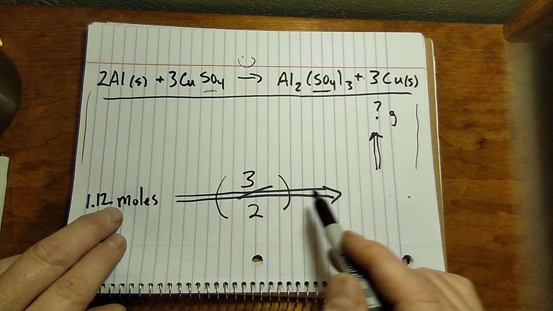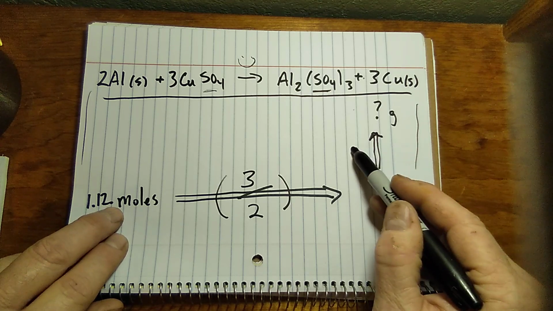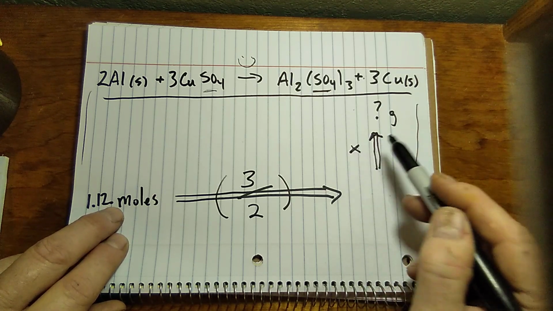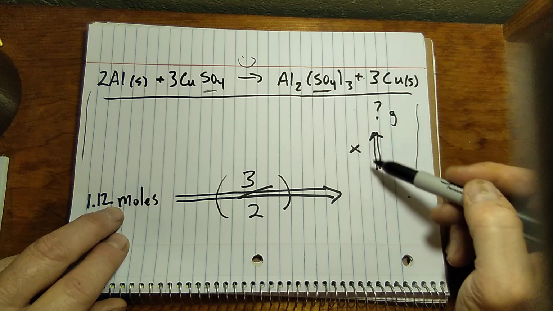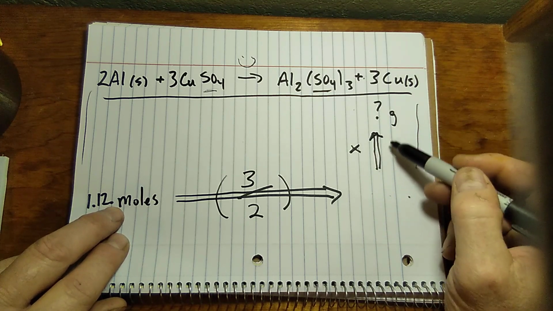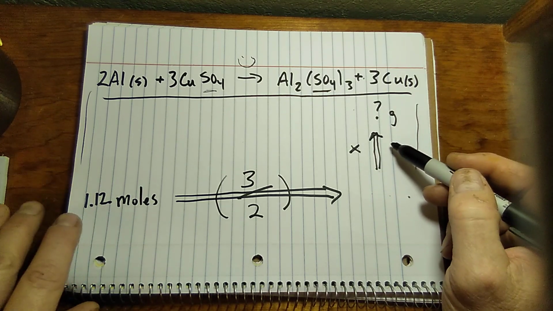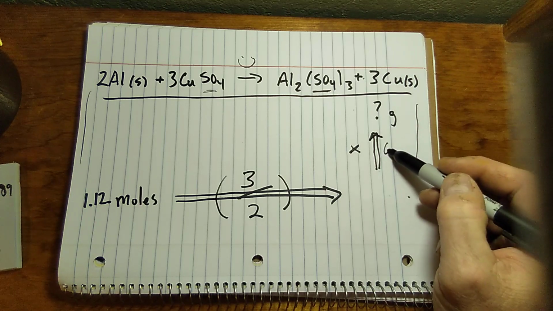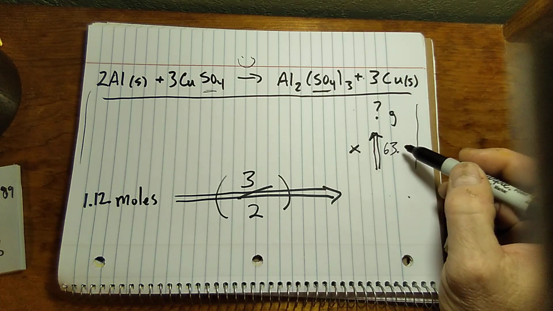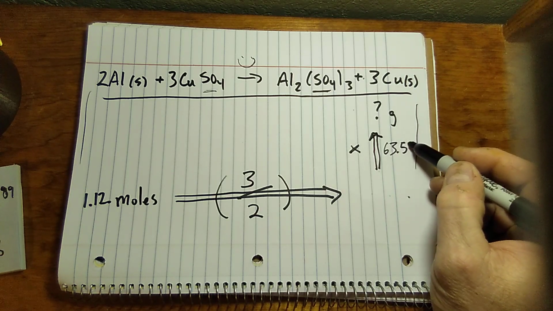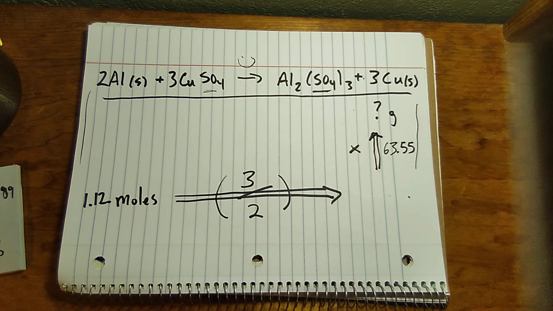You're at moles. You're converting mole to mole. And then you're going to multiply, just like you did in the last video where you're going up an arrow. If you're going up, we're multiplying by the molar mass. So in this case, the copper is 63.55, we'll say, just to keep it simple, grams per mole.